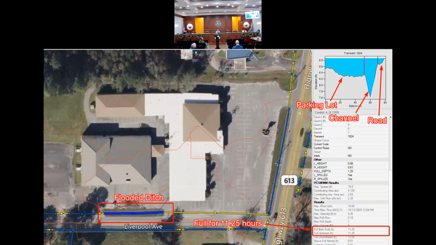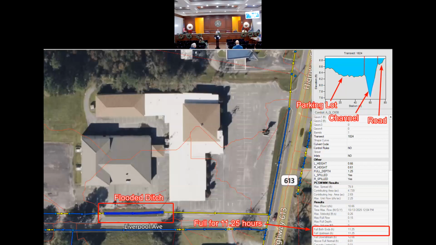You can see in the top right is a cross-section view of that ditch. By cross-section, I mean if you think of a loaf of bread and you cut a slice of bread, that slice of bread is the cross-section. So we have a slice through the ditch, where you can see the left side of it is the parking lot, then we have the channel in the middle, and then we have the road on the right.